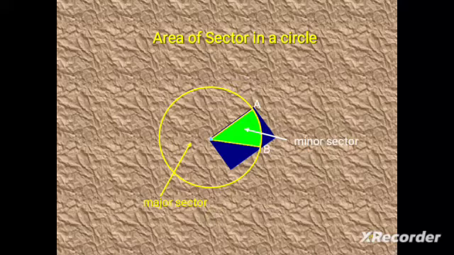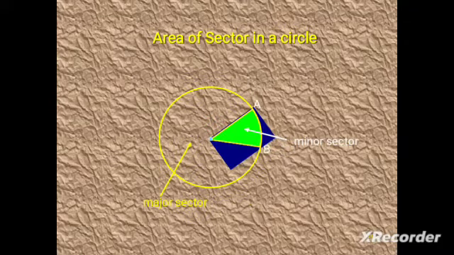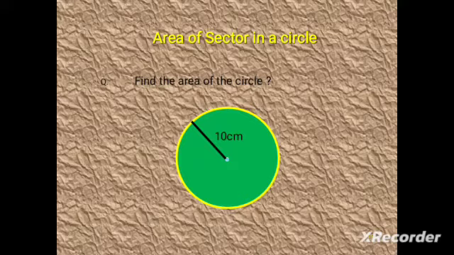So the minor arc AB subtends an angle theta to the center of this circle to give us a minor sector. And so we also have a major sector, and from that diagram, we can find the area of a circle so that we get used to the formula as we prepare to get to the area of a sector.